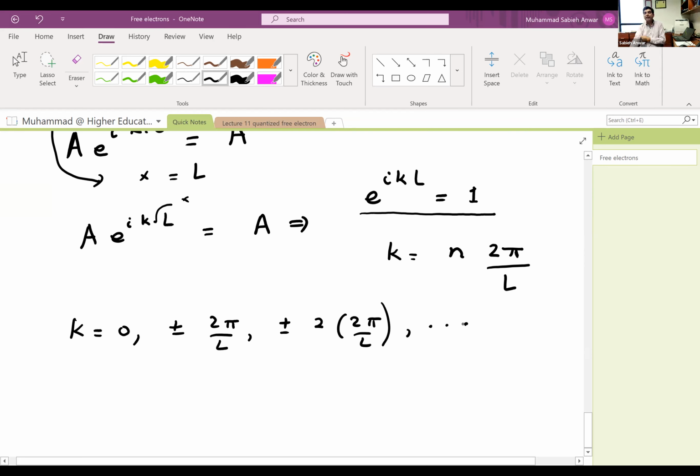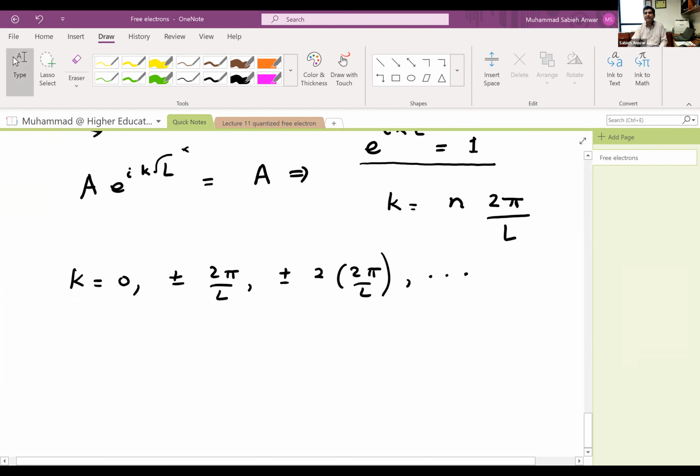Now 2 pi over L and these terms give us a hint that K is not a reciprocal lattice vector. It does not represent a reciprocal lattice, but it's some vector in the reciprocal space. And we have to differentiate it from the reciprocal lattice vector, because the reciprocal lattice vectors, although they have the same dimensions, are of the form H A star plus K B star plus L C star.